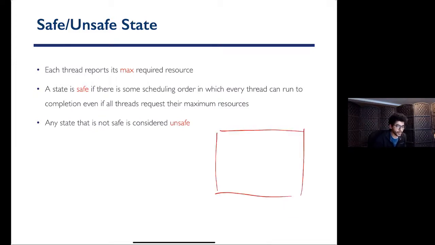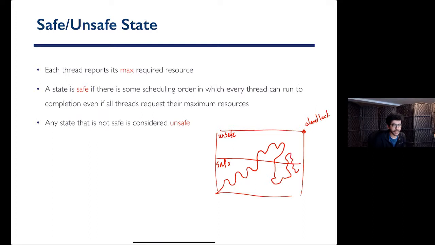So if I were to draw something, it's going to be safe states and unsafe. And let's say this is deadlock. And a thread could be in safe state and come to unsafe state and come back to safe state, go to unsafe state, and then eventually end up in deadlock.